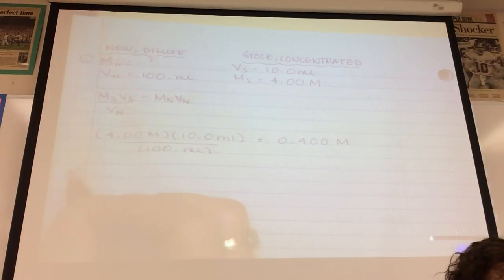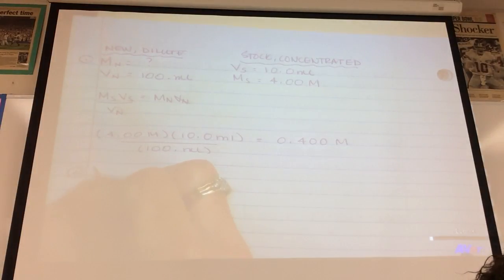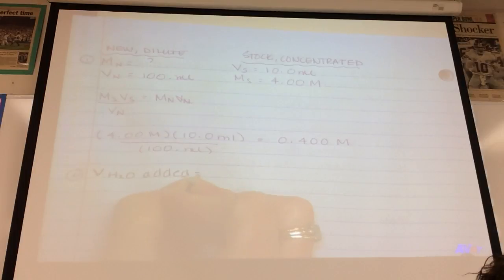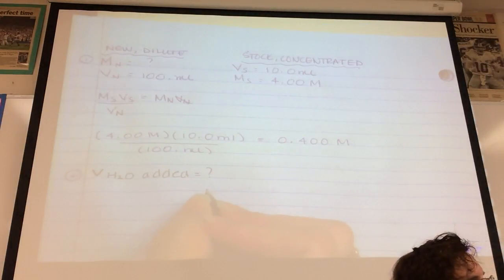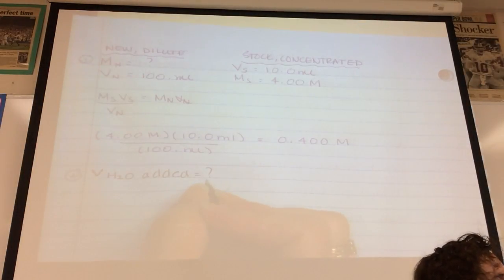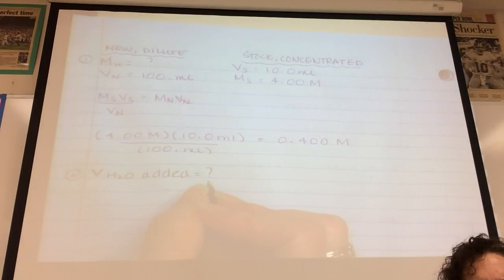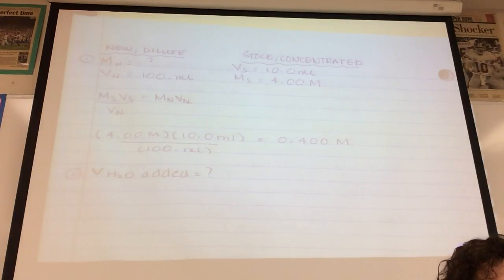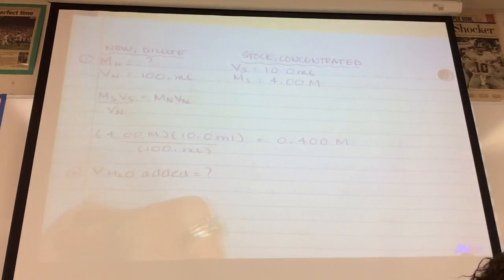On number 2, we want to know the volume of water that should be added. They tell us we have 50 mLs of a 3 molar solution. Which solution is that? The stock or the dilute? That would be the stock. That's what you're starting with.